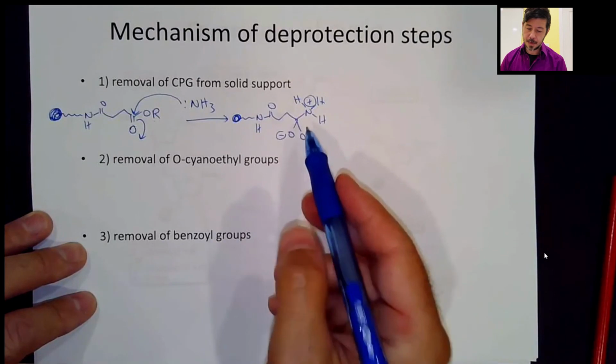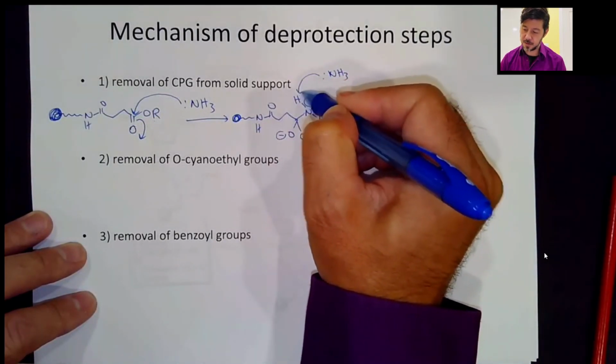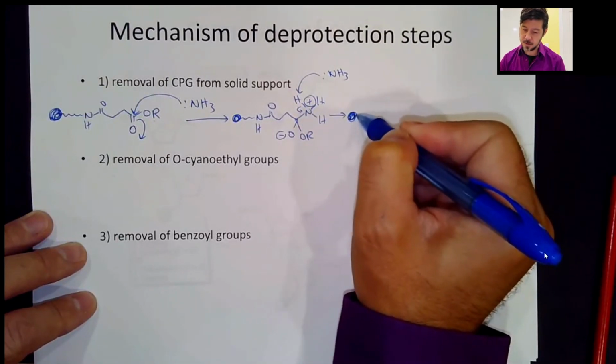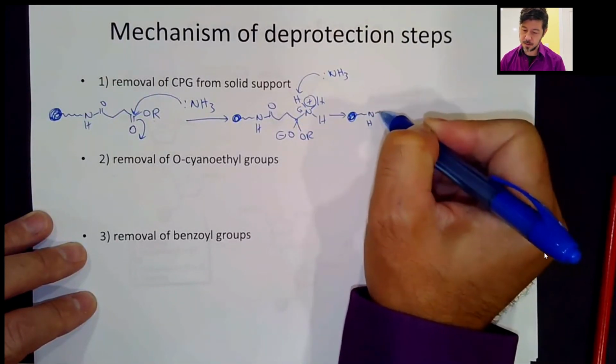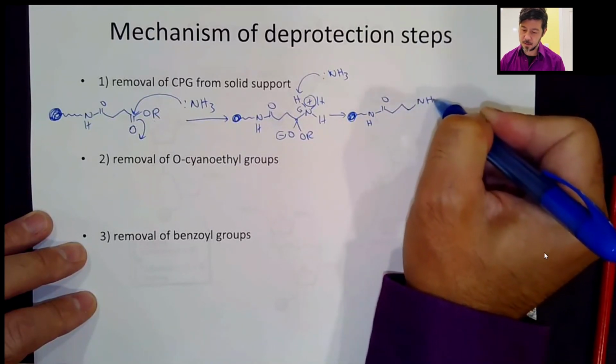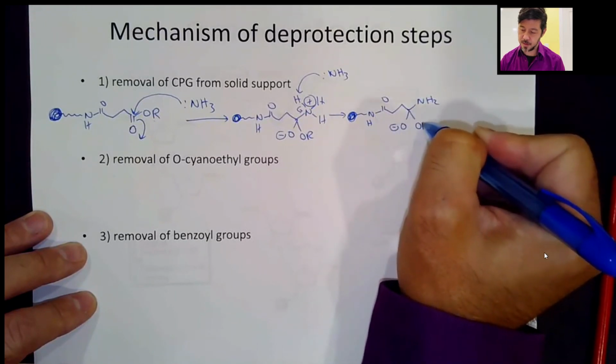Then here you can have another NH3, which can now act as a base to simply do a proton transfer. You still have that tetrahedral intermediate.